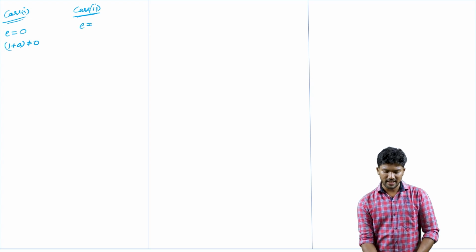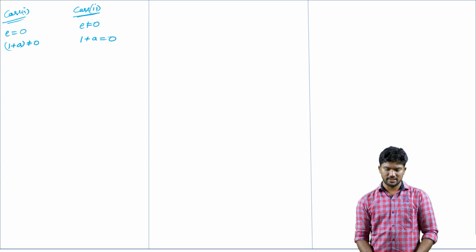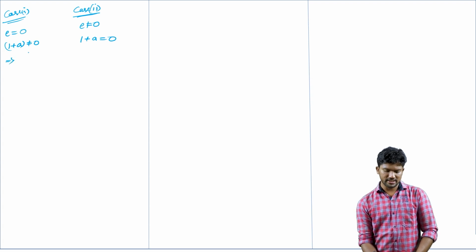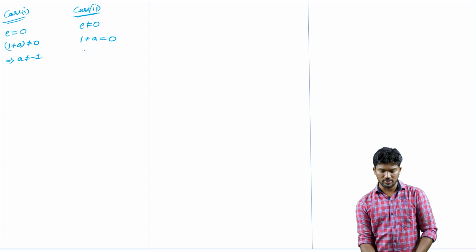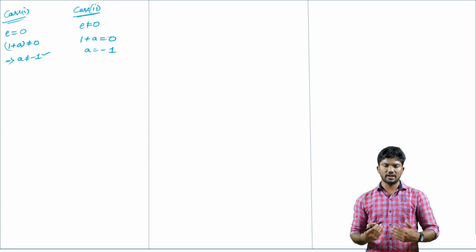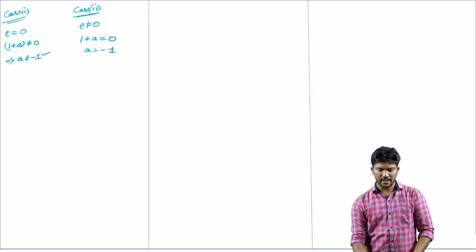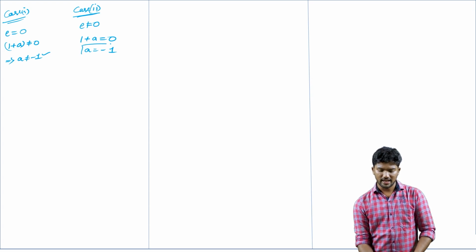If you take E not equal to 0, then 1 plus A is equal to 0. So from this condition, 1 plus A not equal to 0 gives A not equal to minus 1. But if you take 1 plus A is equal to 0, A is equal to minus 1. A not equal to minus 1 is our required condition, and A is equal to minus 1 is the contradiction condition.